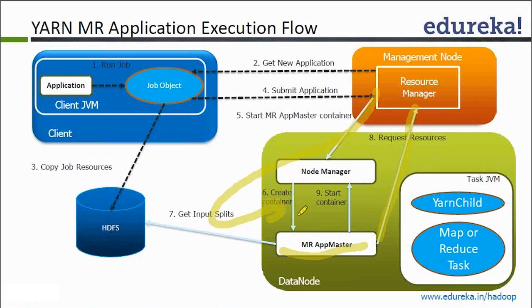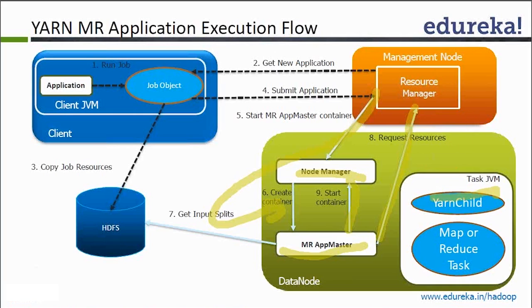Then the application master will bring this container to the node manager, and the node manager will start executing the container, which is provided by the application master after negotiation with the resource manager. Once that is done, a YARN child process gets created, and that will run the MapReduce task.